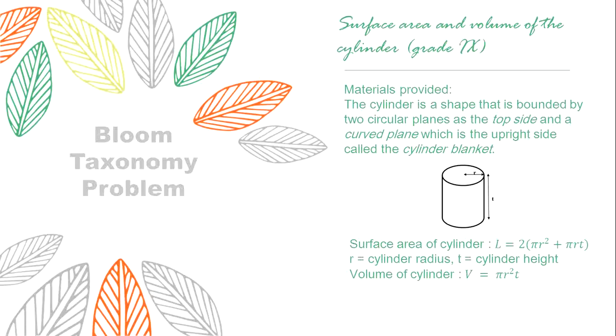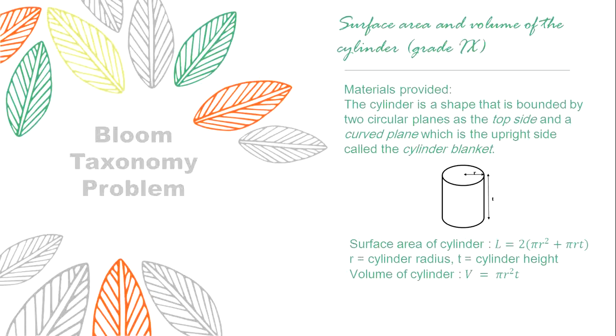The material provided: the cylinder is a shape that is bounded by two circular planes as the top and bottom sides and a curved plane which is the upright side, called the cylinder blanket. This is the picture of the cylinder.